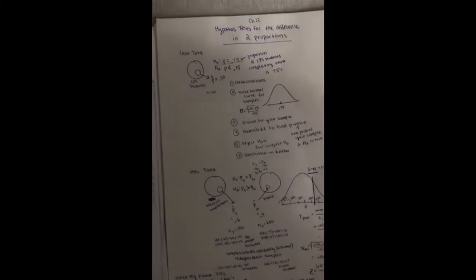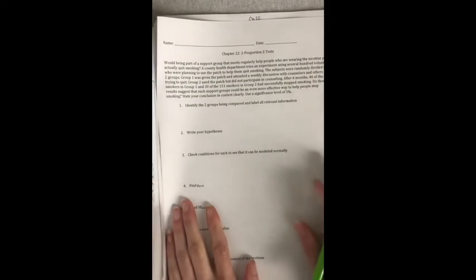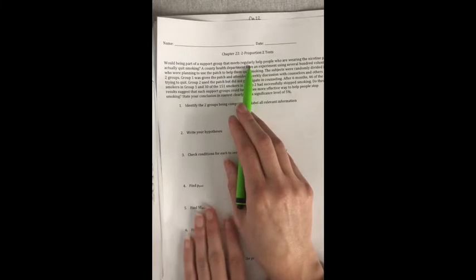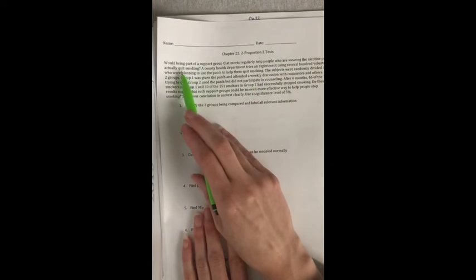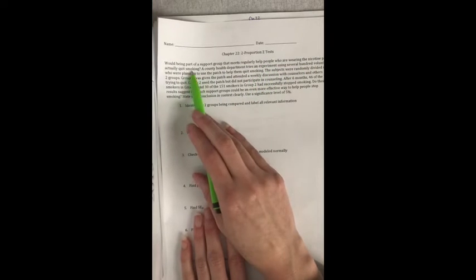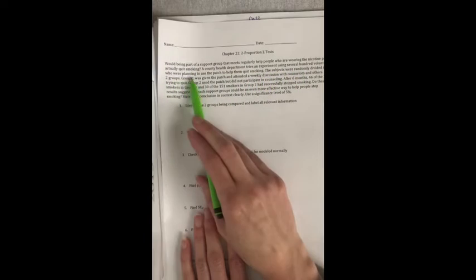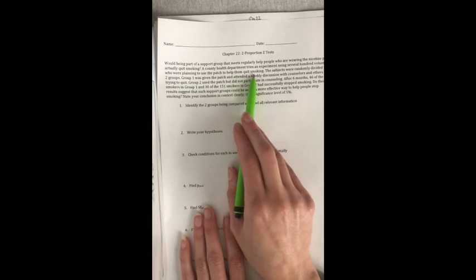So here's an example. Would being part of a support group that meets regularly help people who are wearing the nicotine patch to quit smoking? The county health department tries an experiment using several hundred volunteers who are planning to use the patch to help them quit smoking.